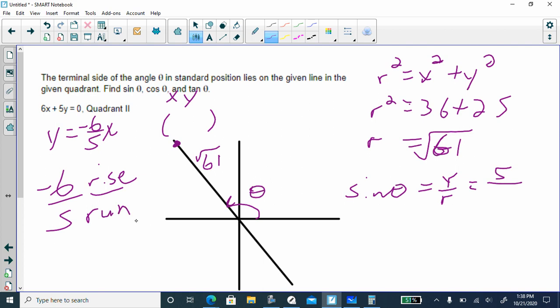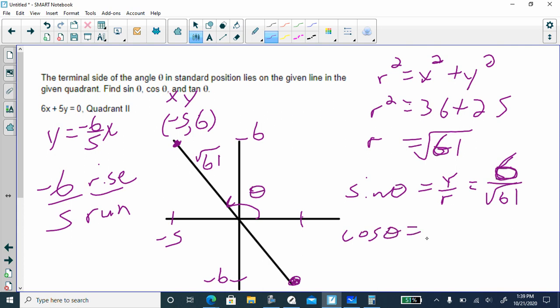So that means we would go down 6 over 5, or we would go up 6 and to the left 5. Both of those would give us points on that line. So to be in the second quadrant, we would be up 6 and to the left 5. Rise over run. So our y is not 5, our y is 6, and r is root 61. Or we could rationalize that.